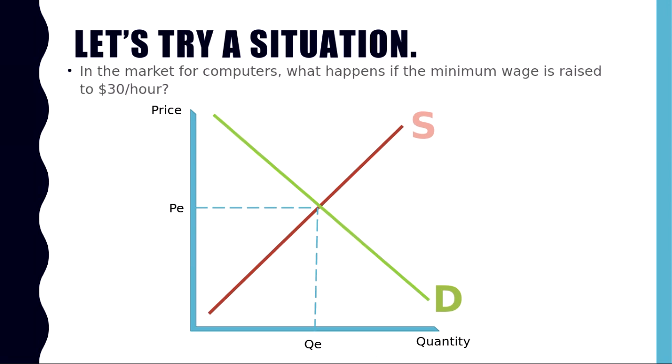Let's see. Did I put another one on here? So if I'm in the market for computers, so I'm focused on computers. What happens if minimum wage is raised to $30 an hour? Is that a supply or demand issue? Good. Very good, supply.